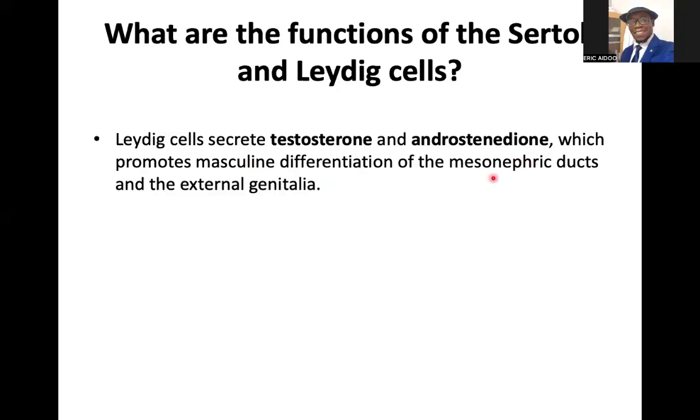So sometimes I say that the males are wolves, Wolffian duct, and it also promotes the formation of the external genitalia. Why do I say wolf for mesonephric duct? Because the female's own is the paramesonephric duct, and its other eponym is the Mullerian duct. So there are times you might confuse Mullerian duct with Wolffian duct.